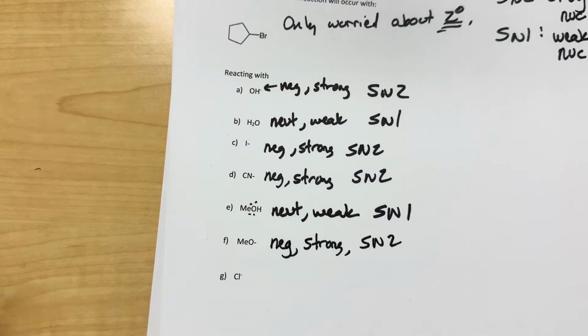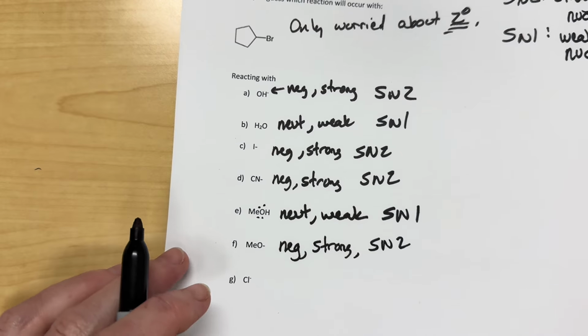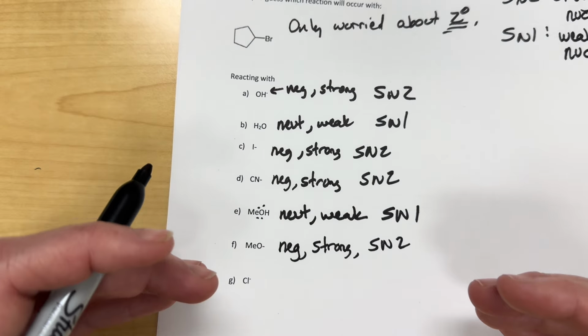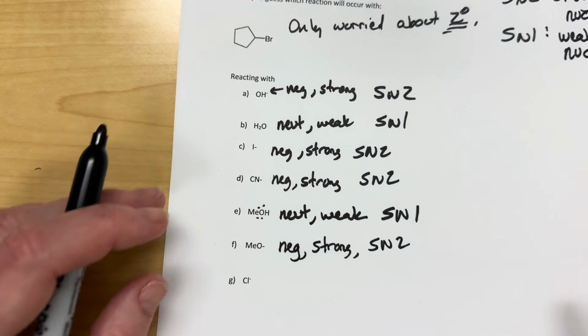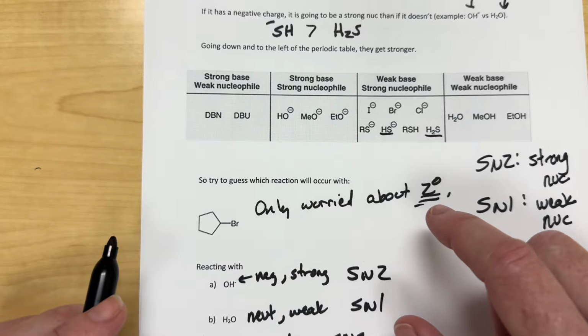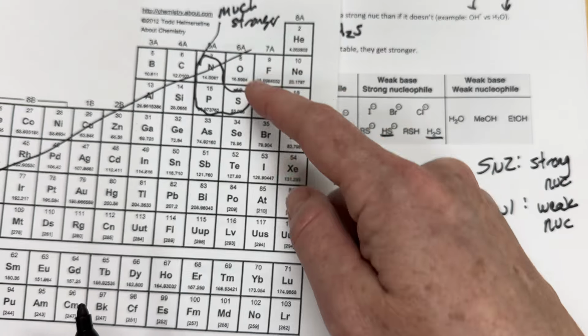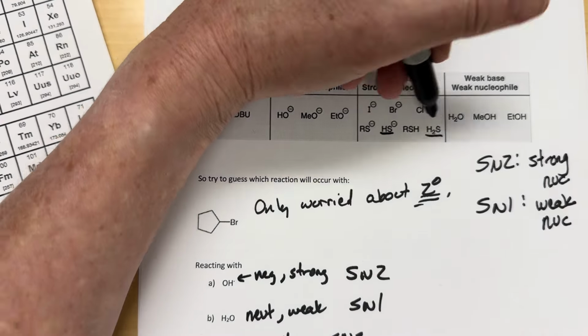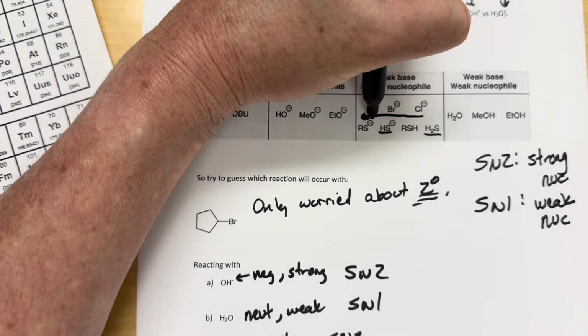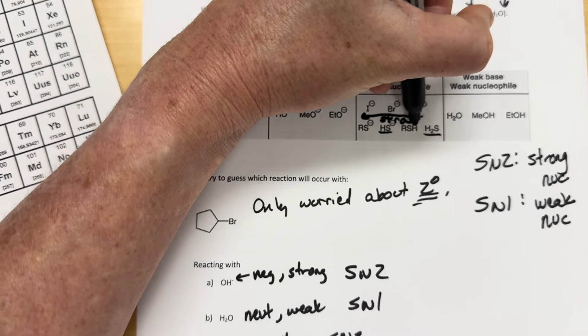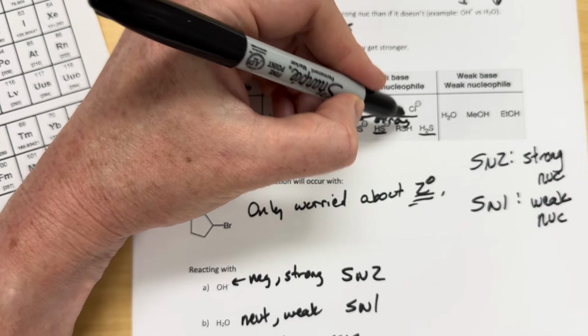Then we get to Cl minus. Now Cl minus is interesting, and I put this here because I want to use it to introduce the next topic. But if we look at these strong nucleophiles, remember we said down the periodic table they get stronger. So this is the increasing strength. Cl minus is the weakest of all of them.